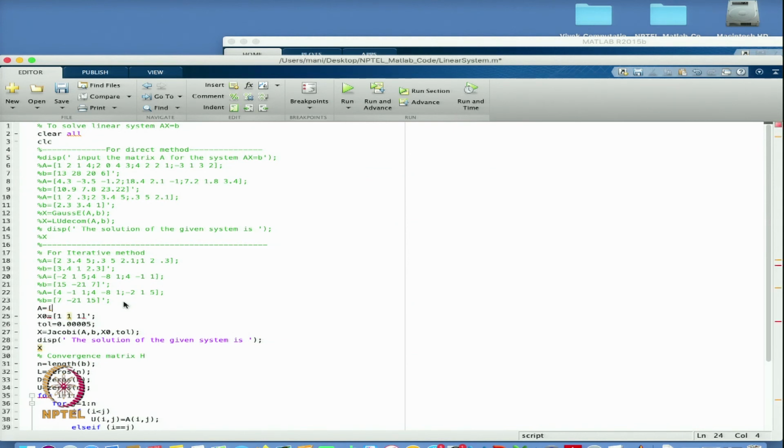So I am taking 5, 1.2 and 3.4. So this is the first equation I am taking. So let us take a bigger one. I am taking 7, 1.2, 3.4 and maybe I am taking minus 3.1.